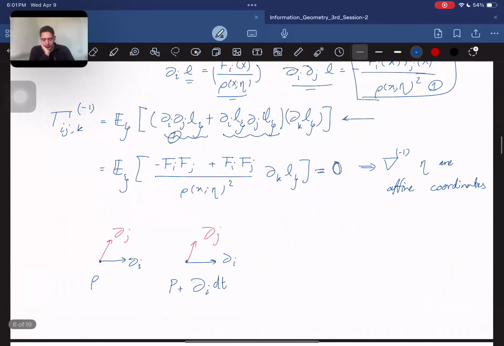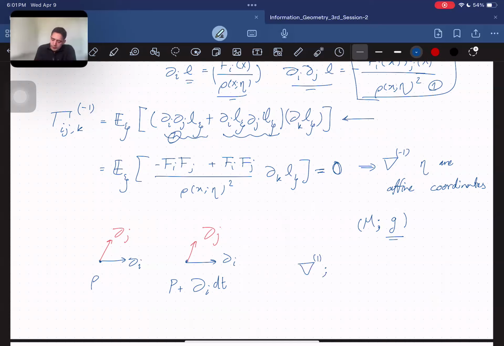So we started with the manifold of all distributions. We had the metric, which was the Fisher information metric on this manifold. And then we found two connections.